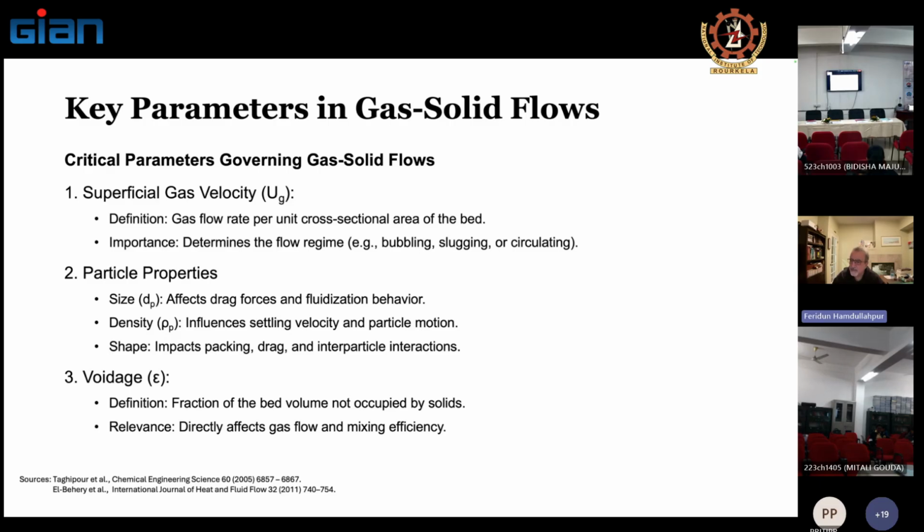They could be of different shapes. Therefore, the particle size we use is an average particle size, taking the shape factor and everything else into consideration. But nevertheless, we need that particle diameter for the calculation of drag force and Reynolds number and any other parameters. So it's a very important parameter to determine.